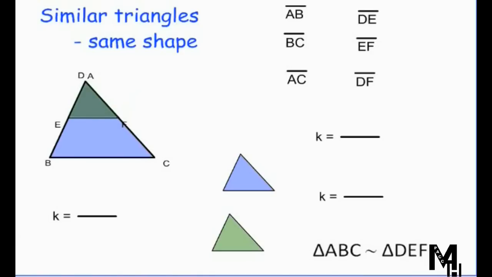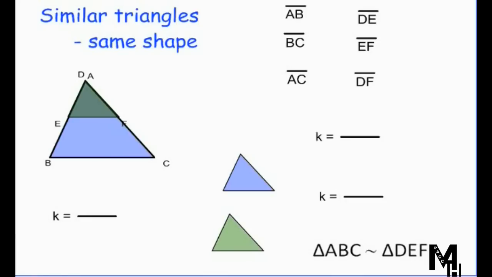However, you can see that angle D is congruent to angle A. We also see that if we slide DEF down, angle E is congruent to angle B. Similarly, if we slide it to the right, angle F is congruent to angle C.